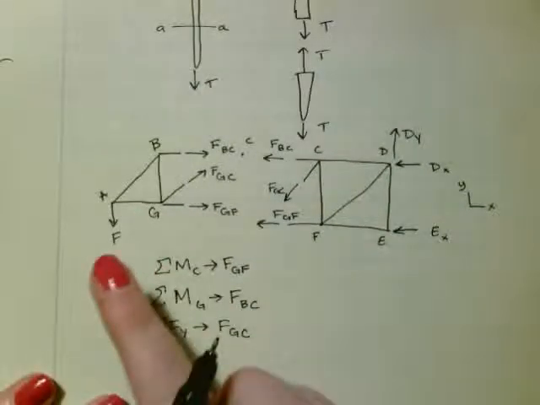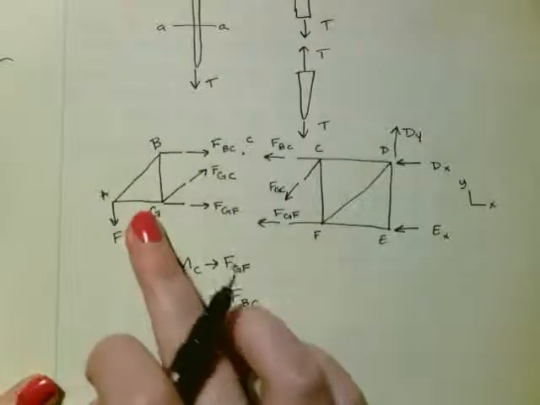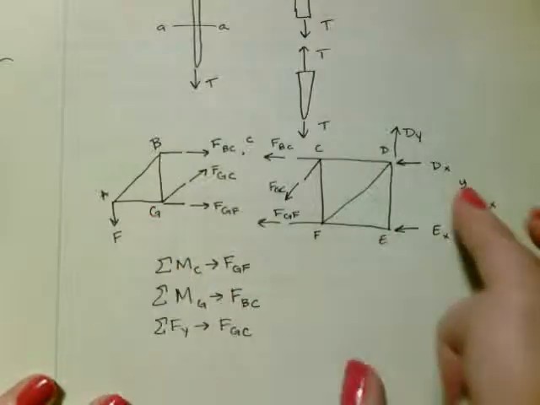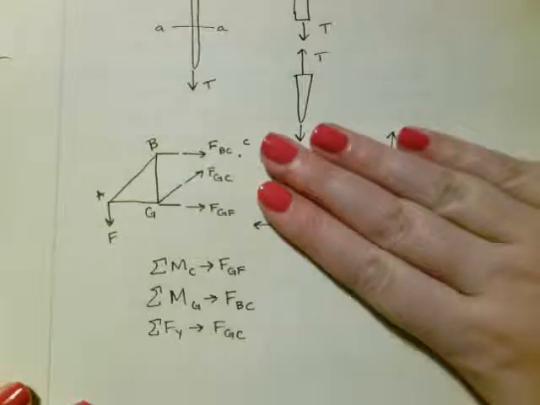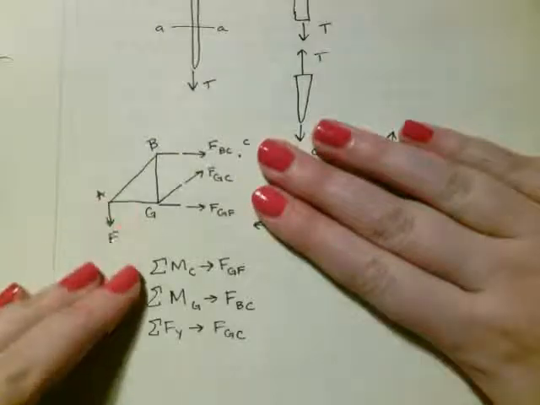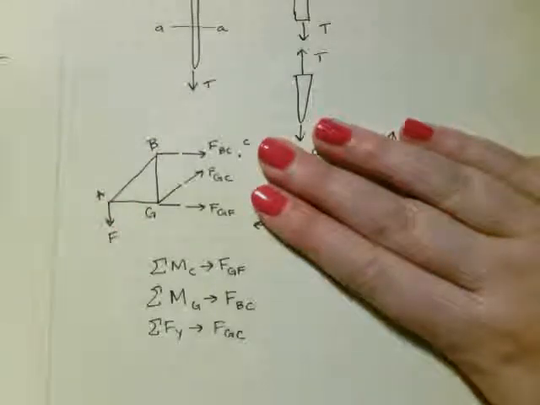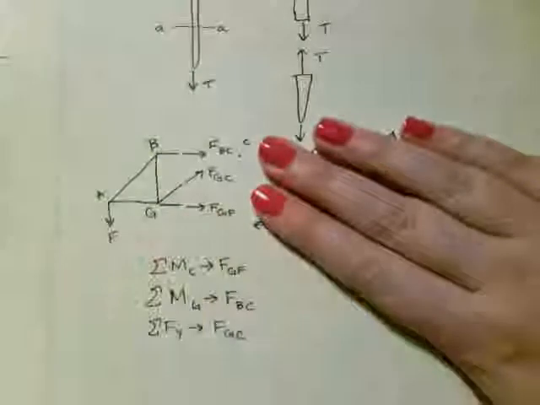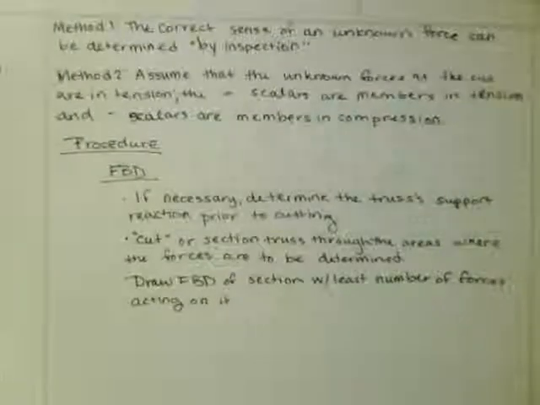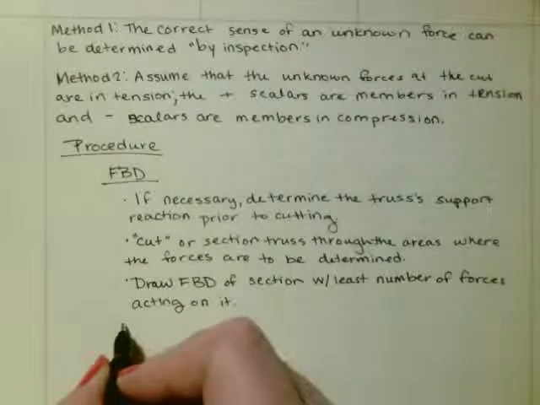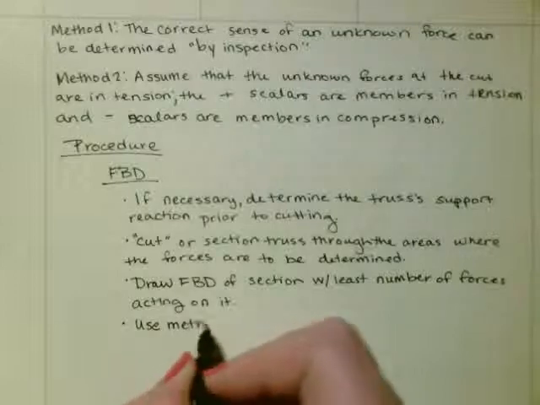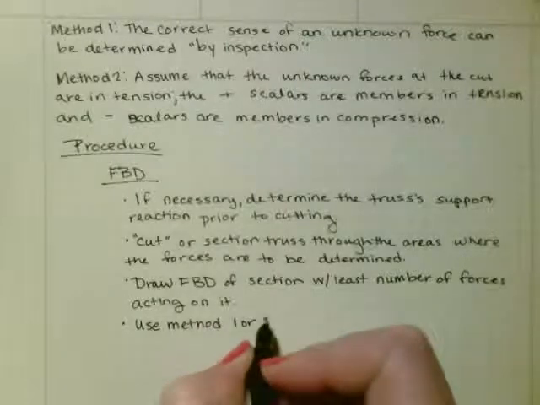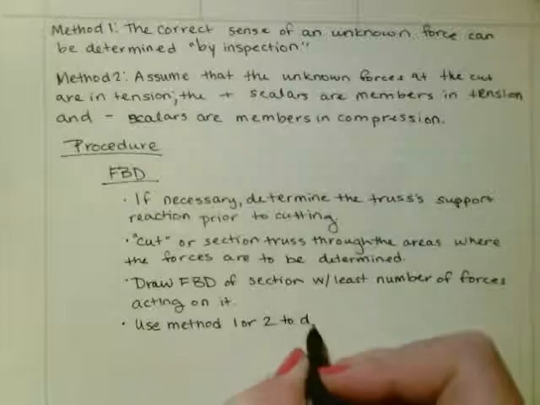But in reality, I only need to draw this one. It has the least number of forces acting on it, as this one has all these reaction forces. So if I were doing this problem, I would have drawn just this free body diagram and then gone through these equations of equilibrium to solve for all the forces in the members that we wanted. While you're drawing your free body diagram, you can use method 1 or 2 to draw the forces.